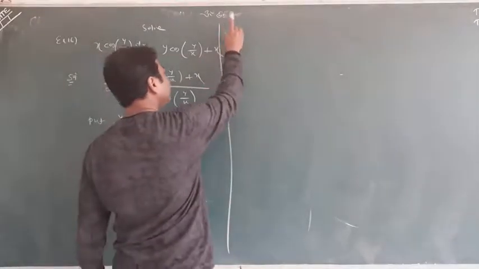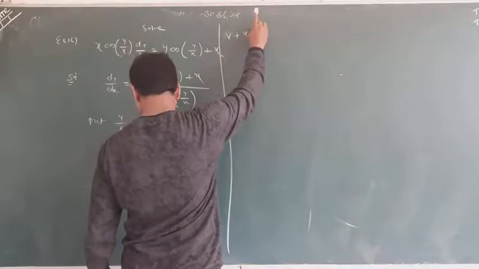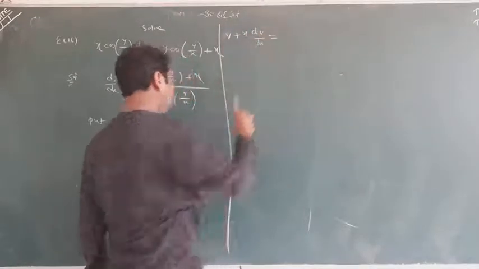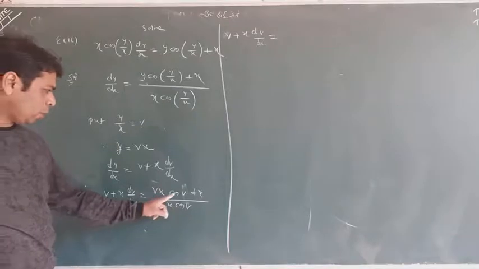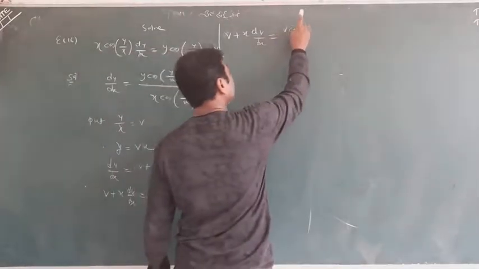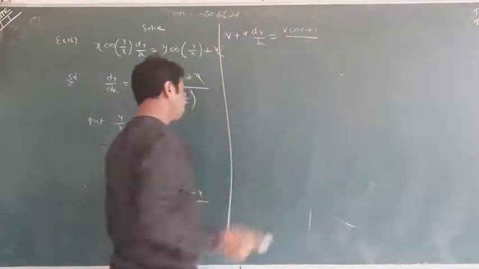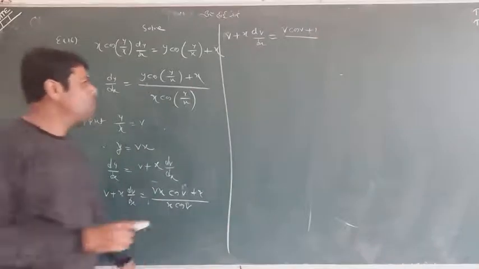So what remains is v + x dv/dx = (v cos v + 1) upon cos v.